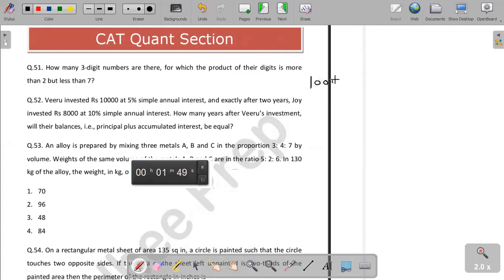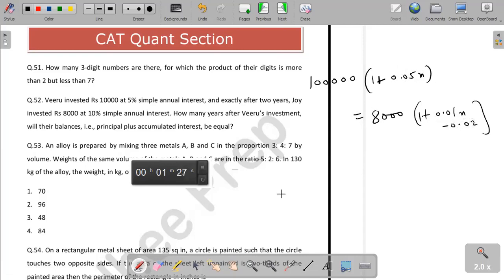So 1,00,000 times (1 plus 0.05n) is equal to 8,000 times (1 plus 0.1(n minus 2)), because it is 2 years later.